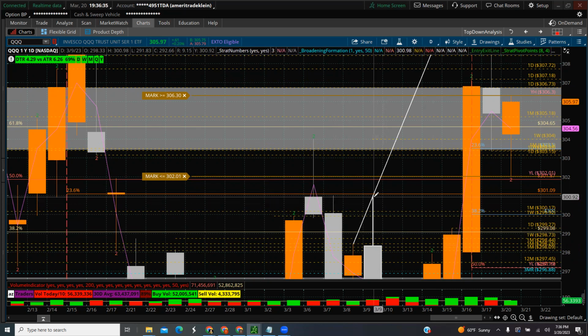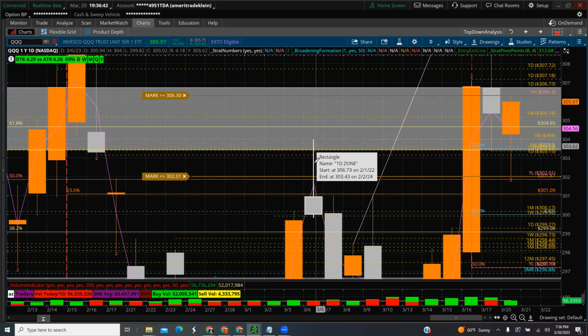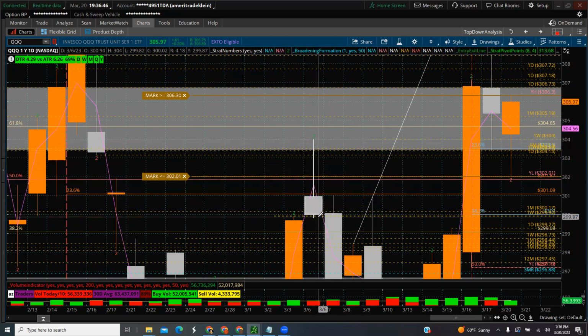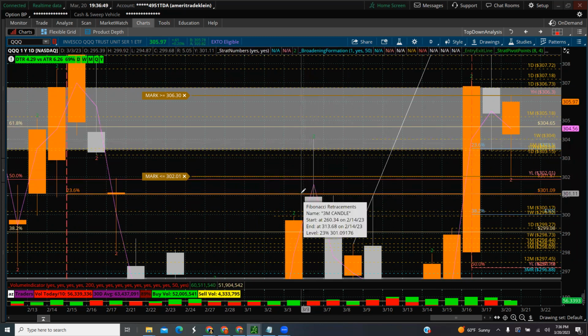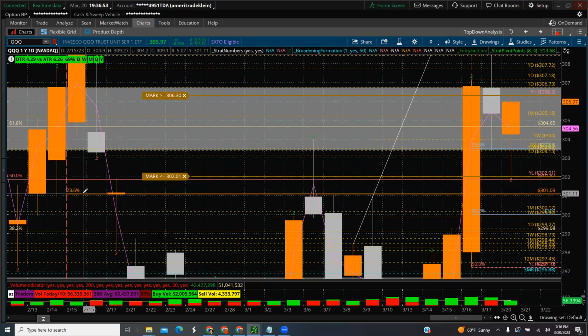See, it came up once near that area, rejected, rejected. Same here, it went beyond it quite a bit, still closed well underneath. Same here, same here. We extend this out some.